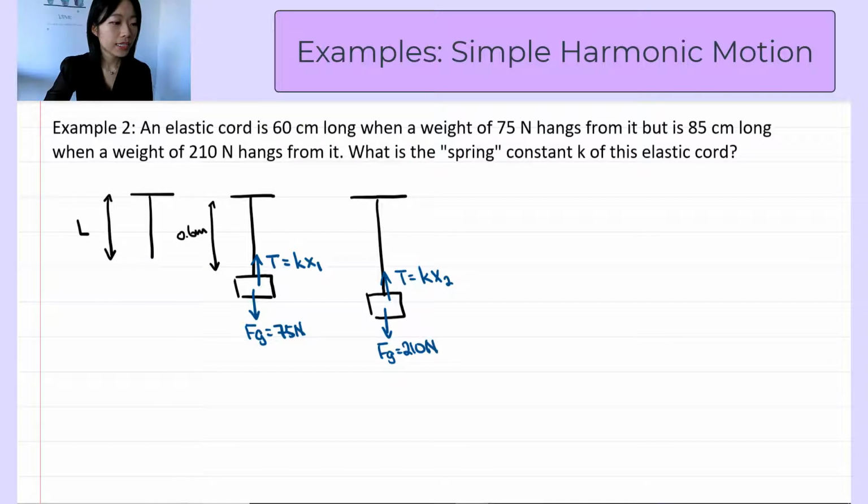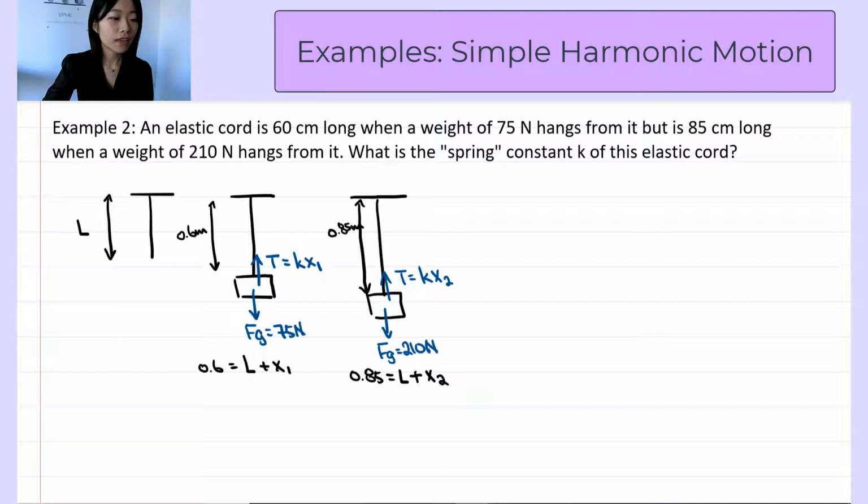For the second case, the length of the cord is now 0.85 meters. And we know that the X in the restoring force is the displacement from the equilibrium point. So for the first case, 0.6 would be the natural length L plus X1. And for the second case, 0.85 equals to the natural length plus X2.